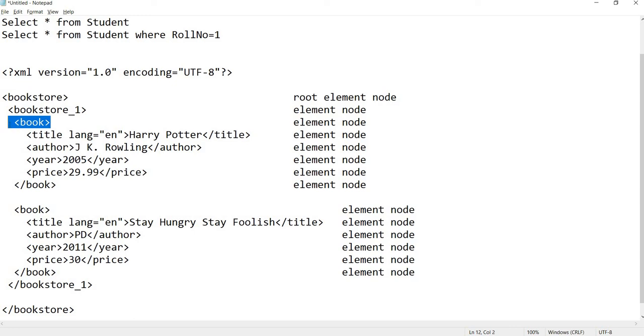So ancestor is immediate parent, parent's parent, parent's parent's parent, any level of parent node, and any level of child node is descendant, immediate as well as non-immediate. But child is always an immediate child. So we should know these concepts before we can start writing our XPath queries, right?